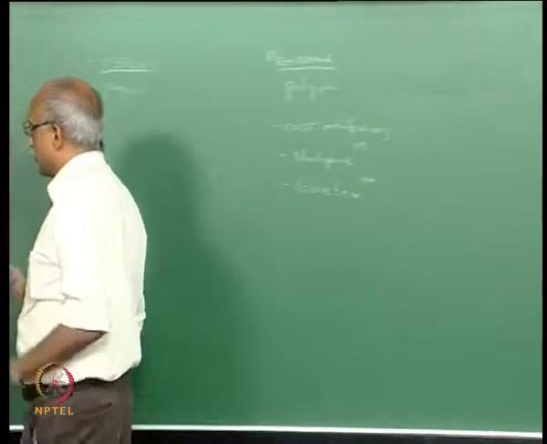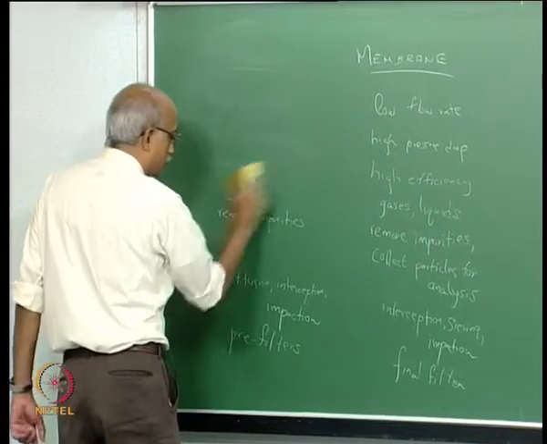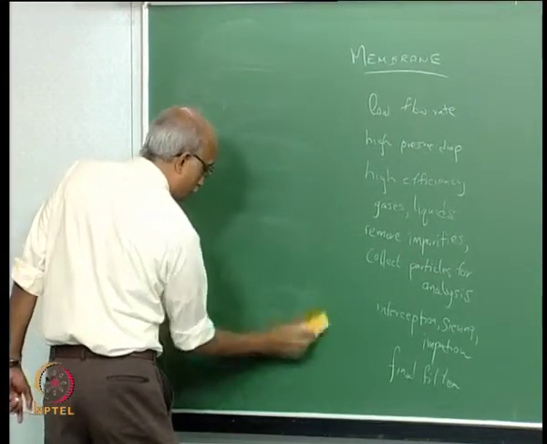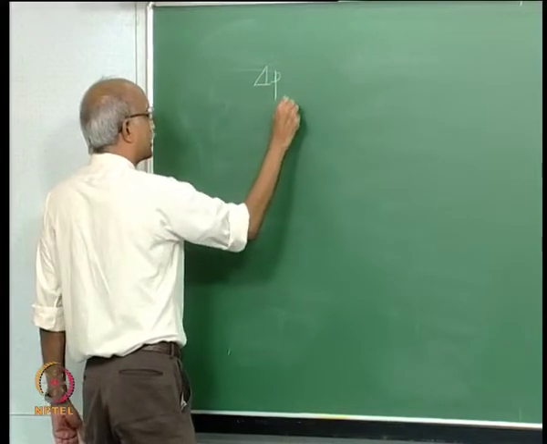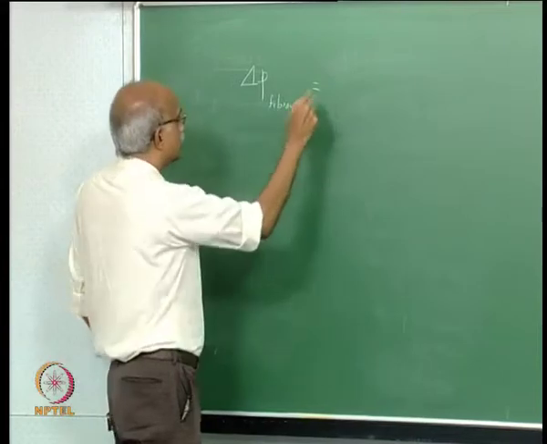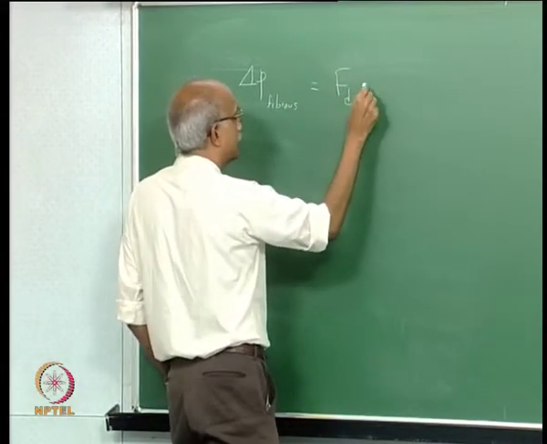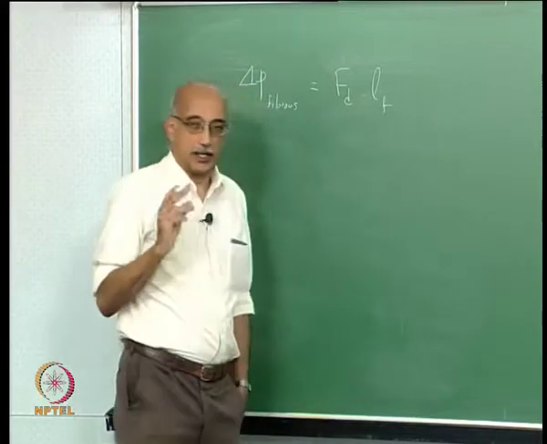So in the case of a fibrous filter, if you look at the expression for pressure drop, delta P for a fibrous filter can be related to the drag force multiplied by the specific length of a fiber.